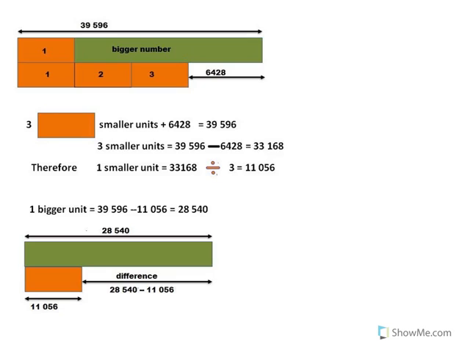So now the sum of the two numbers, the smaller number and the larger number, which is equal to 39,596, can also be shown as the sum of one smaller number, and we have replaced the larger number by two smaller numbers, and the difference between the bigger number and the two smaller numbers, that was 6,428.